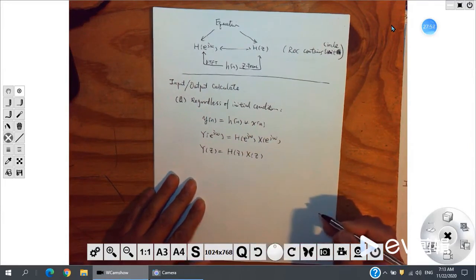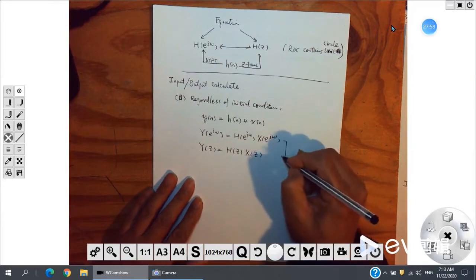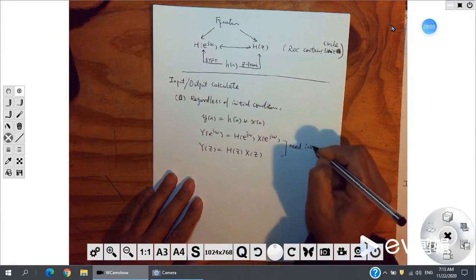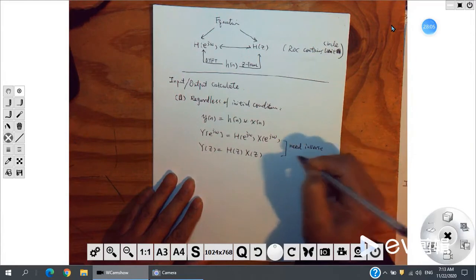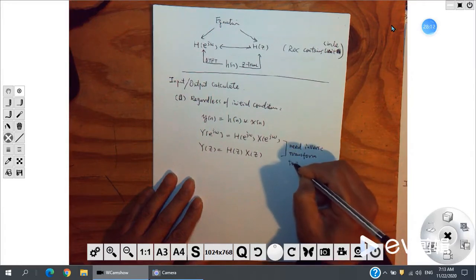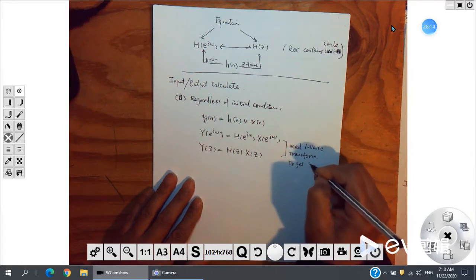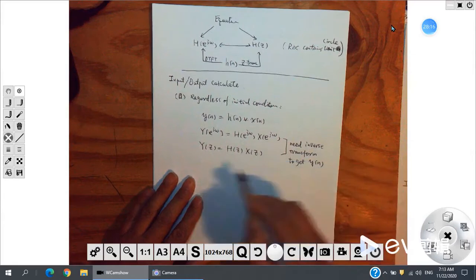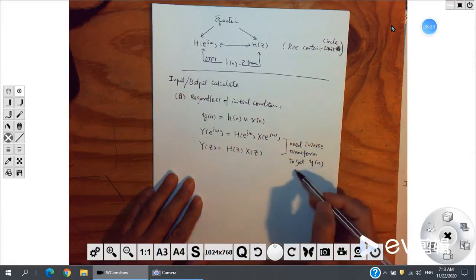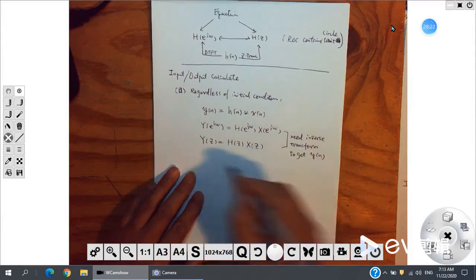Alright, and for these 2, we need an inverse transform to get y of n. Okay, and you work in the frequency domain or z domain. Then by inverse transform, you get the time domain result.